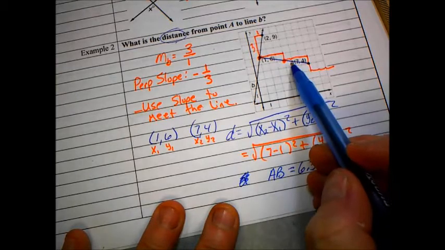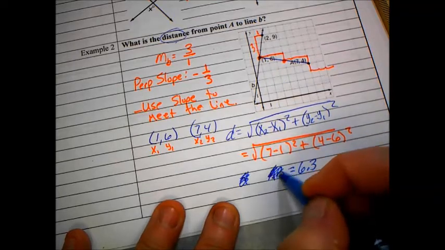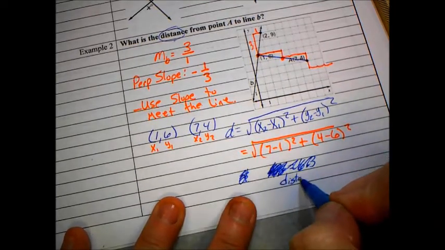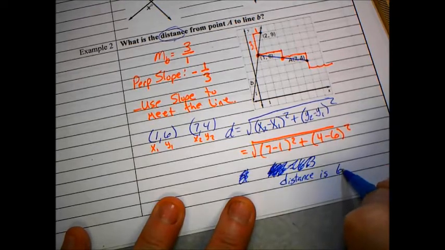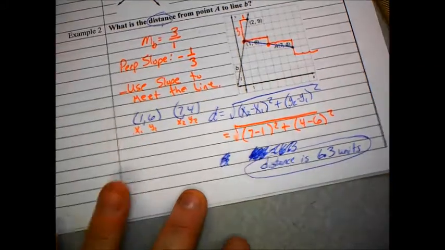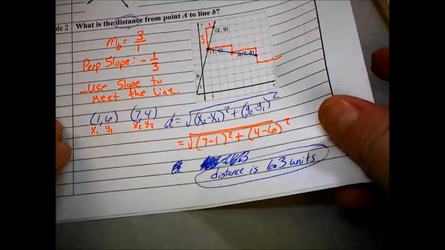Oh, I said AB. A to, I can't do that, sorry. Distance, and we don't have any units here, so this is 6.3 units. I guess I could have put A to the line B.